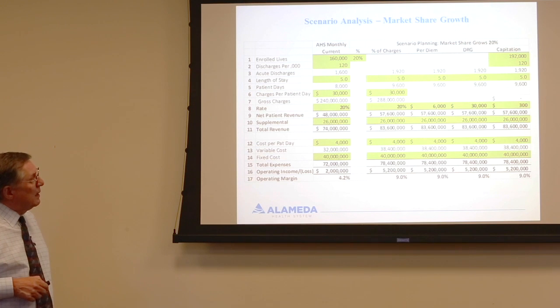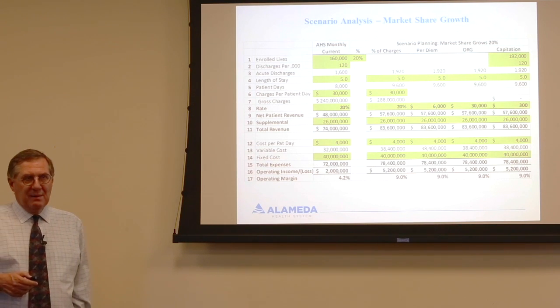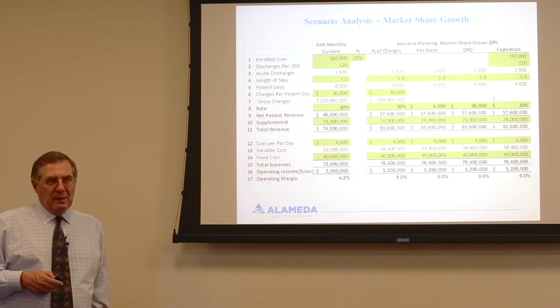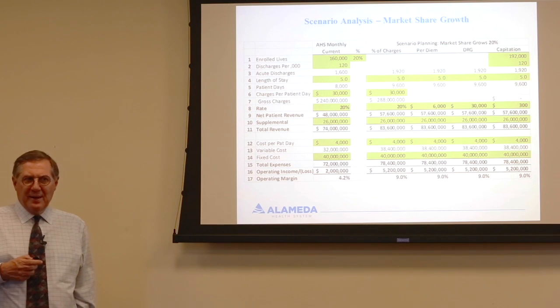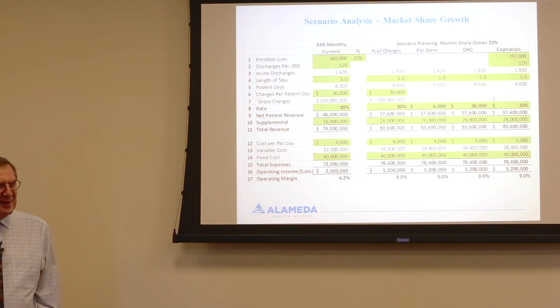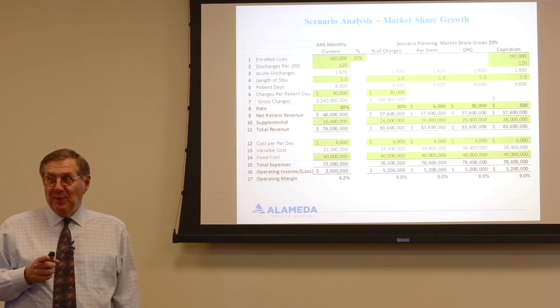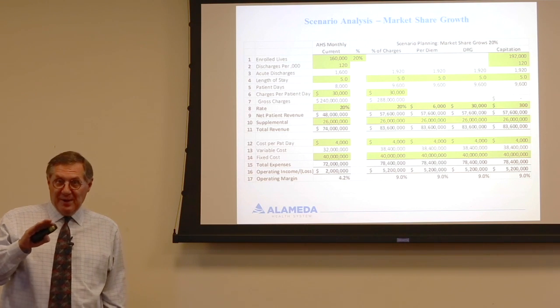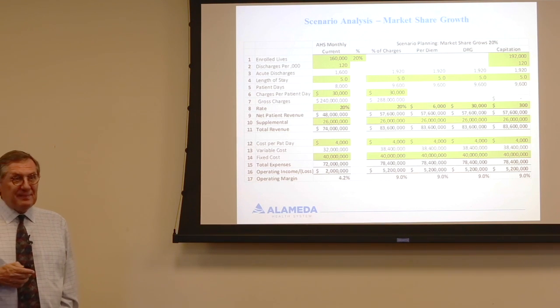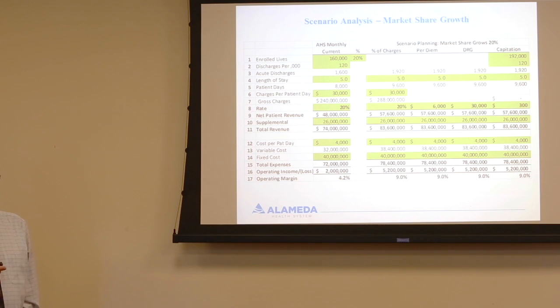How many is that? About 320. How many beds do we have? Not that much. So we can't actually do that, can we? That's called a capacity constraint. So we're actually pretty full as a system. If you just look at acute care beds, we're pretty full. So that's a problem. Okay.